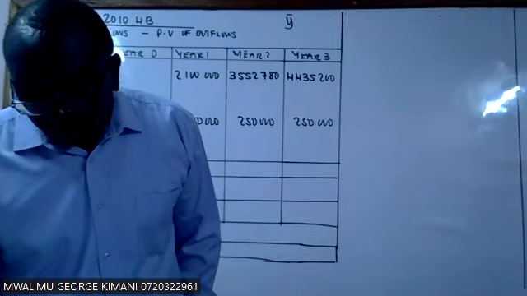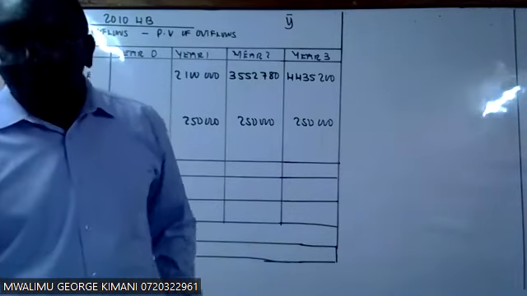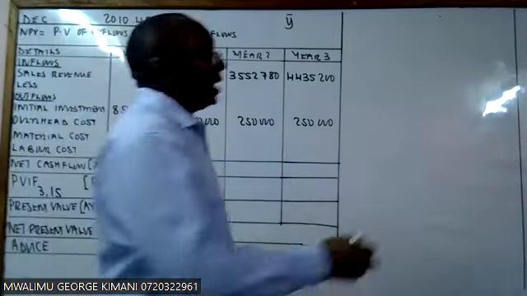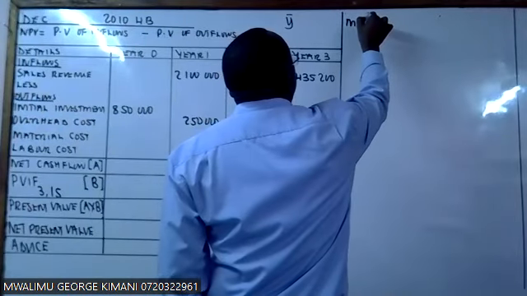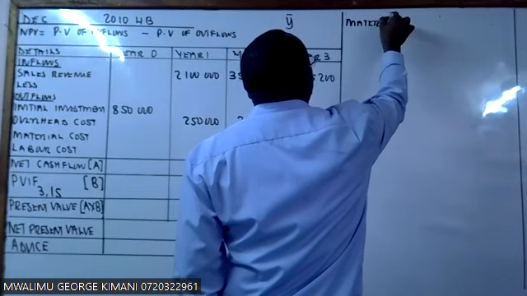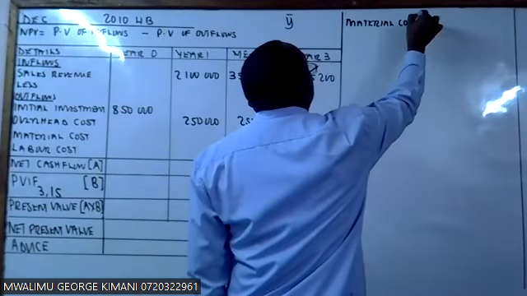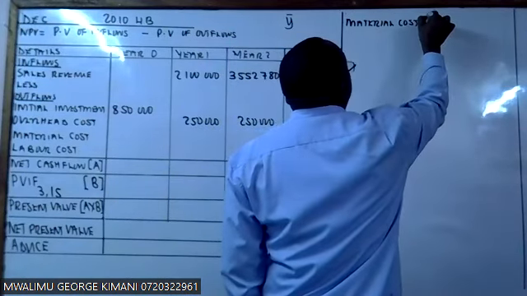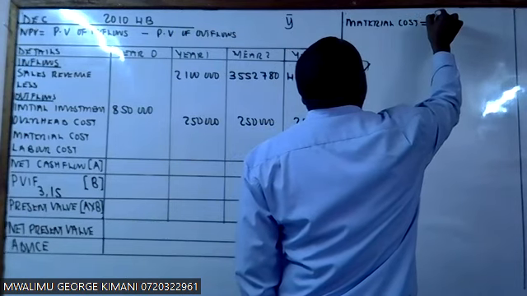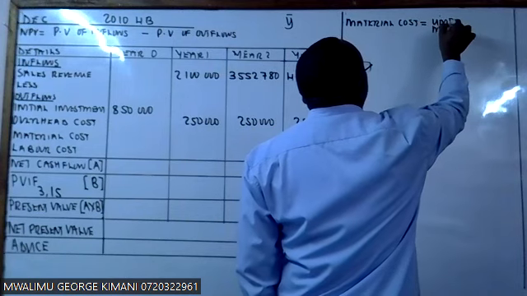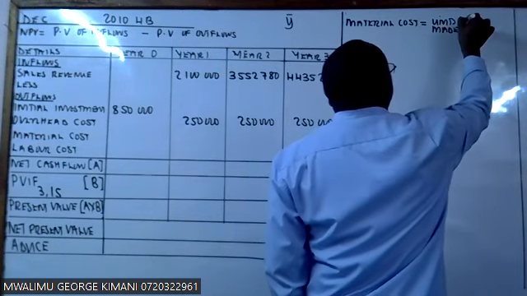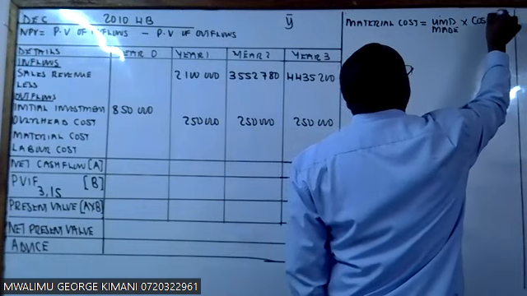Then materials, we are told, is per chair, so that one requires workings. Material costs will be units made times cost per unit.